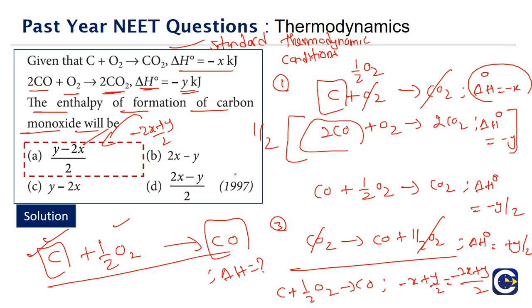Based on that we plan the modification. When we are modifying the equations, if an equation is reversed, the del H of the modified equation will be equal to the negative of the delta H of the original reaction. If an equation is multiplied by a factor, then the del H of the modified equation is the del H of the original equation multiplied by the same factor.